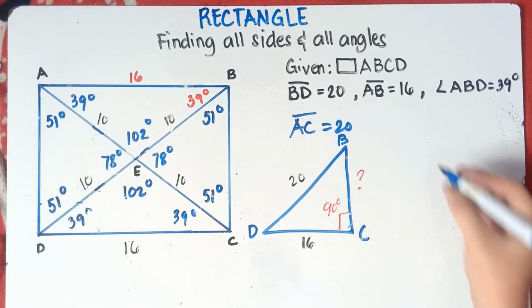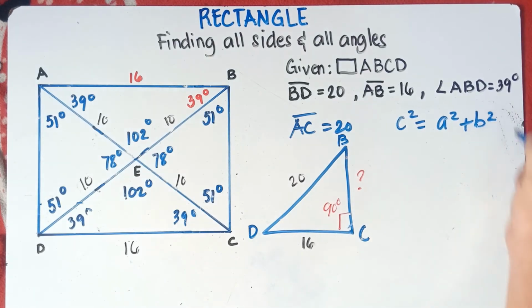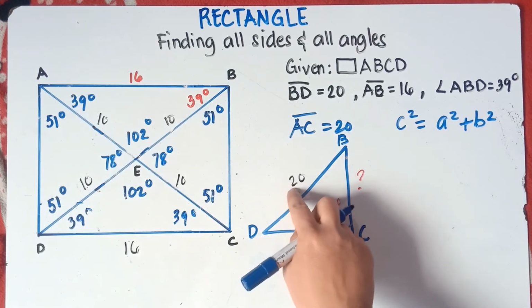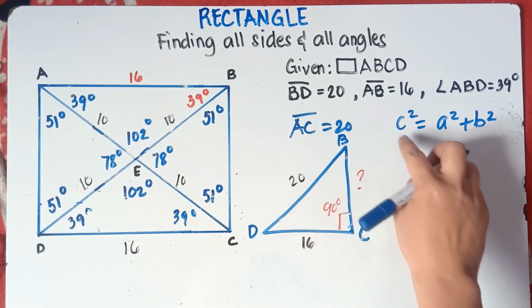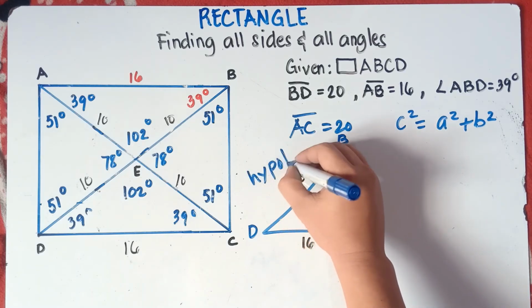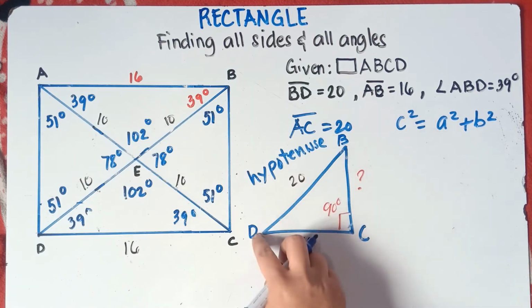The formula, that would be C squared is equals to A squared plus B squared. So C here, class, is always the longest side. So this 20 is our hypotenuse. Once again, class, C is the hypotenuse, the longest side, because BD is the longest side, the diagonal BD.